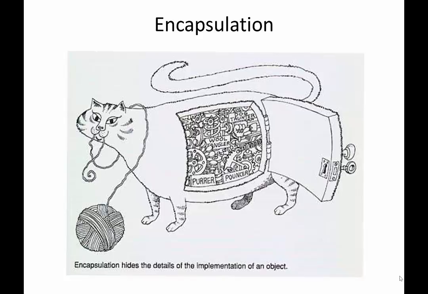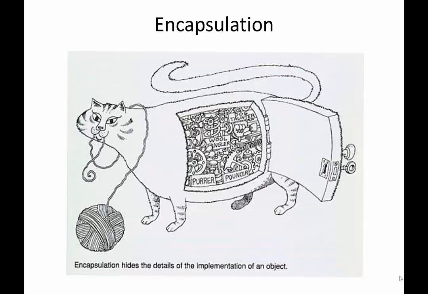The last important concept in object programming is the concept of encapsulation, which is related to what I've just said, the idea that the details of the implementation of the object are hidden from the user. So here's a cat. You stroke the cat and it purrs. You drag the string and it chases it.